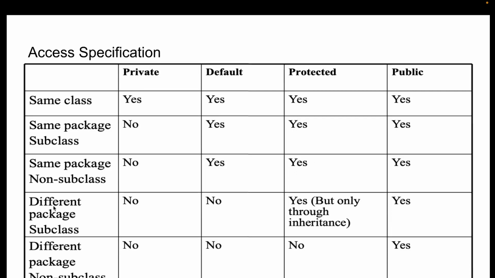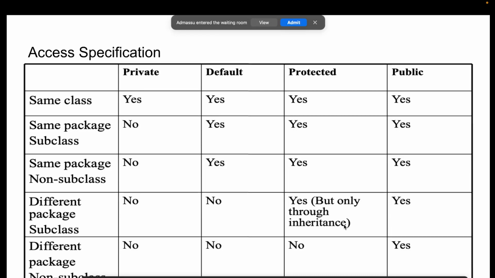If you see this line, different package subclass, yes, but only through inheritance. That means in the other package, the class that wants to use the methods or variables of a class from the other package has to extend that particular class. It is by way of inheritance that this can be done.